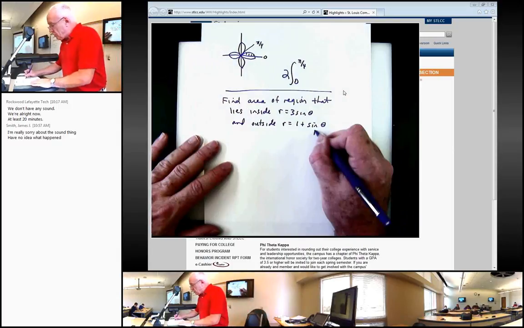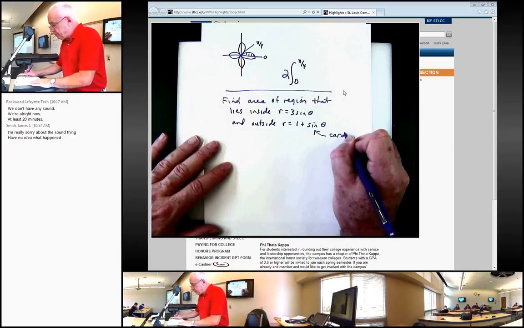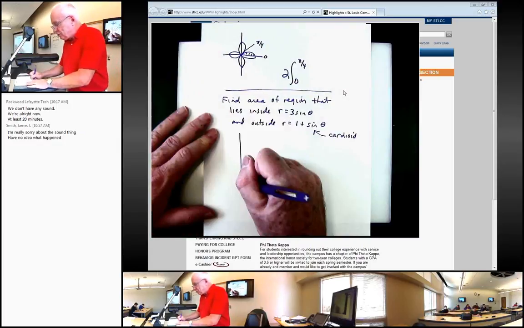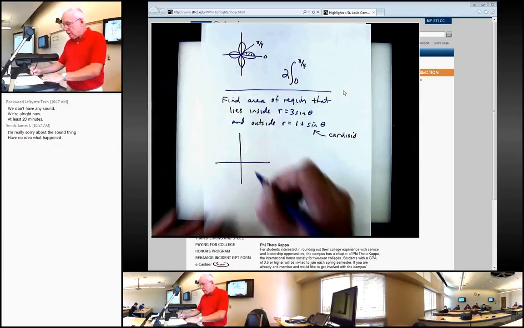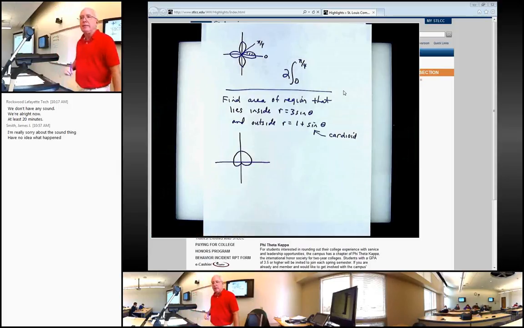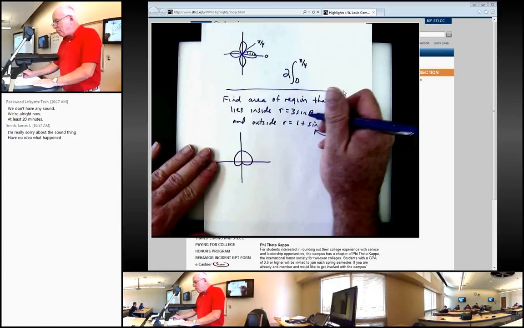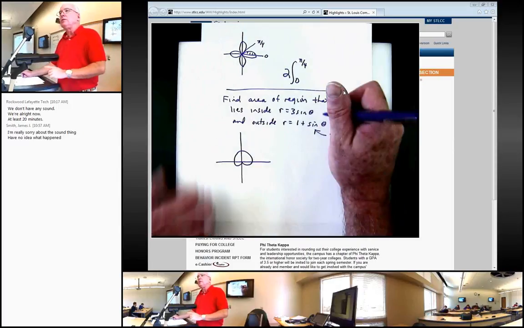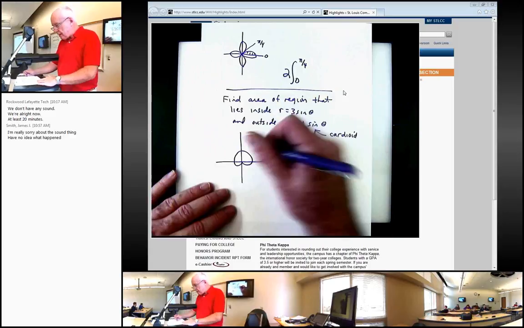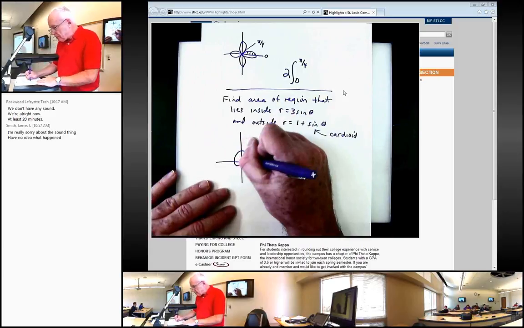This is our heart graph, our cardioid. Let's just try to do a simple graph here. The cardioid is going to look like this, or something like that. This top one is going to have a single leaf to it. It's sine of 1 times theta. 1's an odd number. This top one is going to look like this.